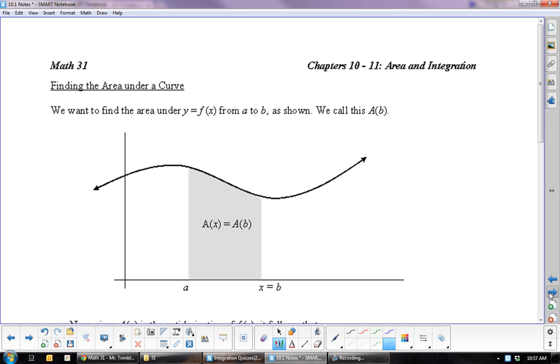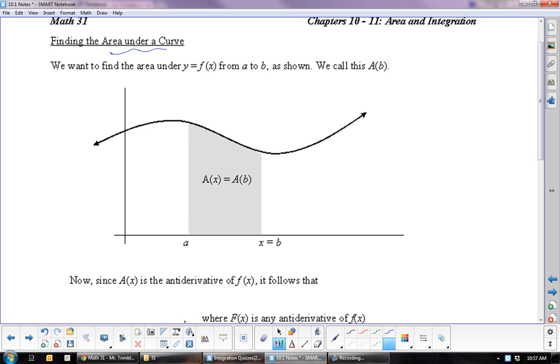Now, finding the area under a curve. Obviously, if you took the total area under the curve, when would you know where to stop?